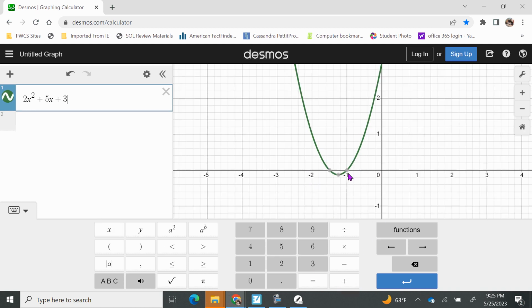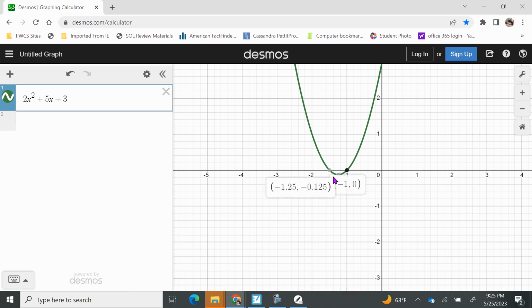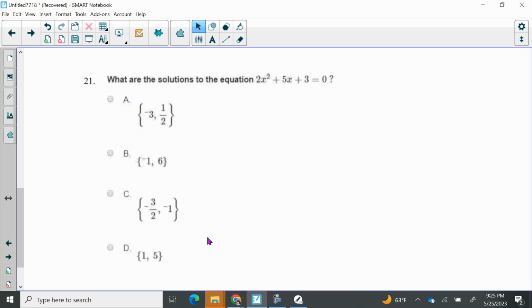And let's zoom in. So we have two zeros here, 1 and negative 1.5, which is negative 3 halves. So let's look. It would be, there we go, right here. Okay.